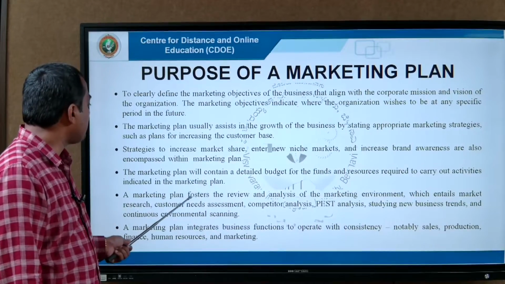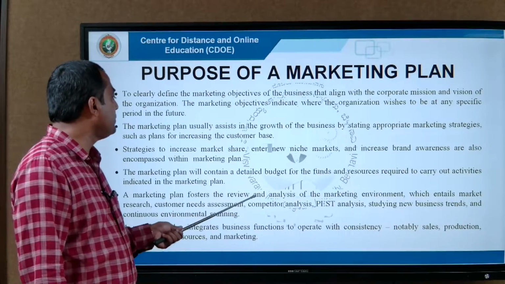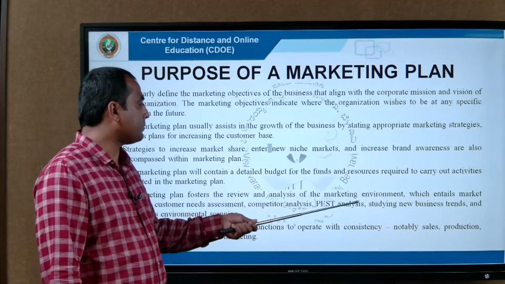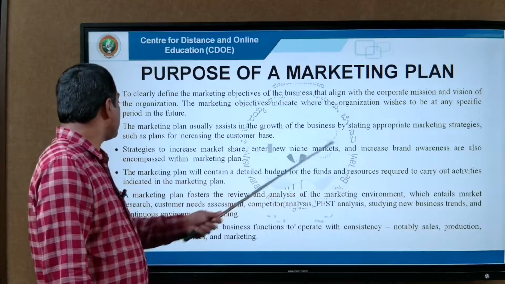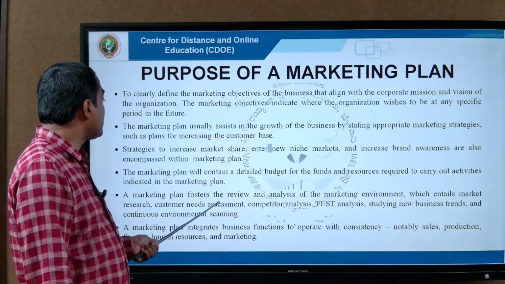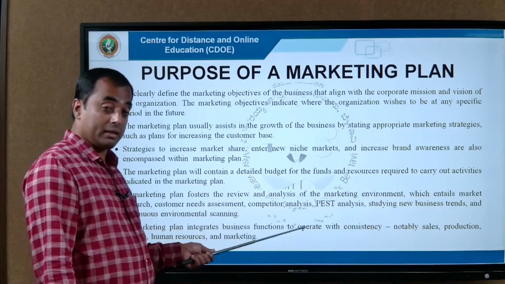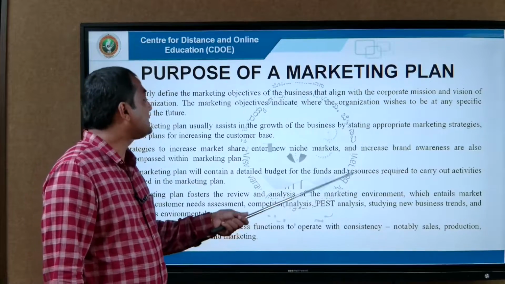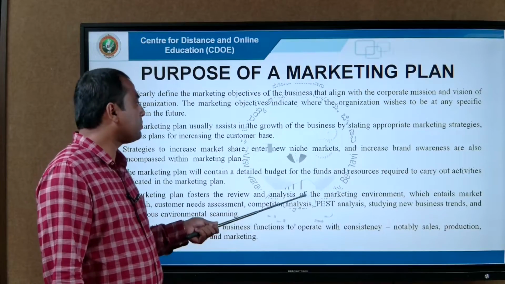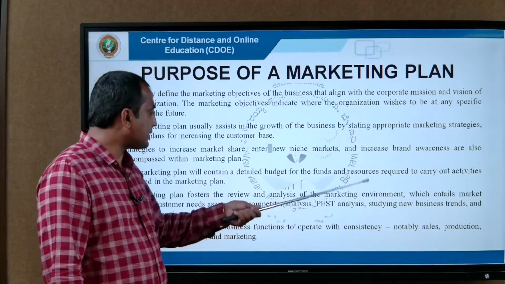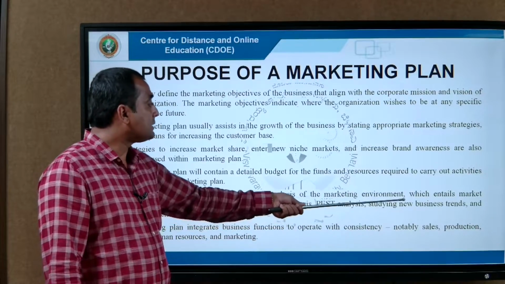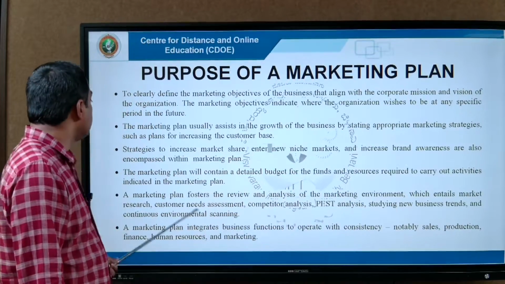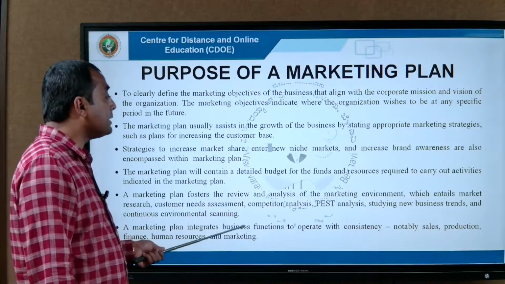A marketing plan fosters the review and analysis of marketing environment, which entails marketing research, customer need assessment, competitor analysis, PEST analysis, political, economical, social and technical analysis, then studying new business trends and continuous environmental scanning.